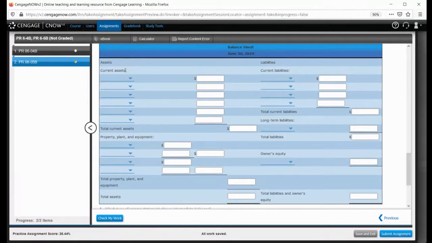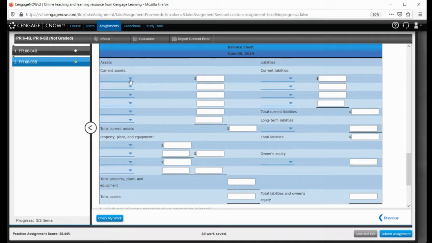This is a classified balance sheet because we have our assets broken down into current assets and property, plant, and equipment. So we're going to start with our current assets first. Our current assets are those assets that are already cash or they're going to be converted to cash within 1 year, or they are prepaid expenses that will be consumed in 1 year.